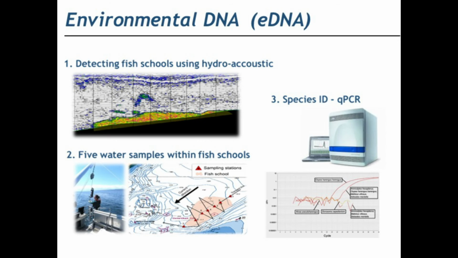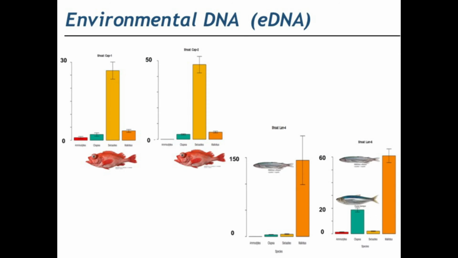Here we use the species-specific approach, but for 4 different species that are the main known, most likely forage fish in this area: redfish, capelin, herring, and sandlance. So that's a couple of examples of how we could identify the fish composing the school.